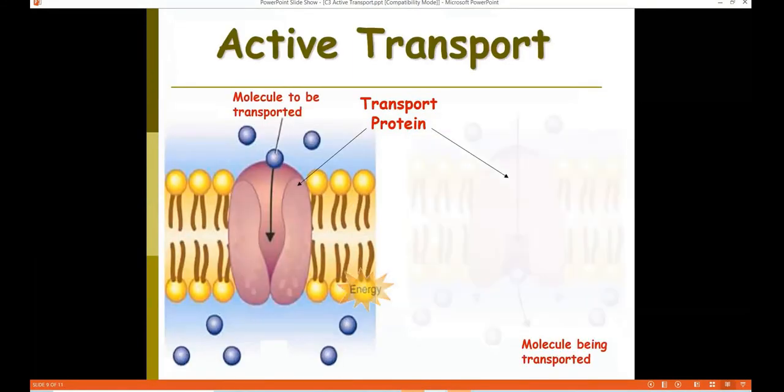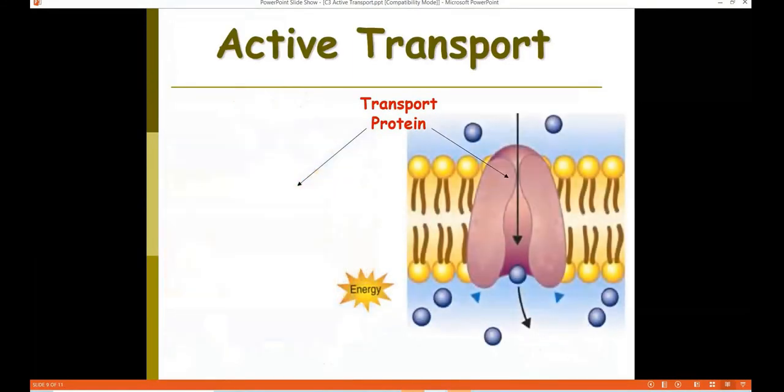Let me also read out the information we have in the textbook. So what is the example we gave just now for active transport? We gave the example of the root hair cells, and how they transport the nitrate ions from the soil to the inside of the cell. In the cell membrane of the root hair cells are special transport proteins.